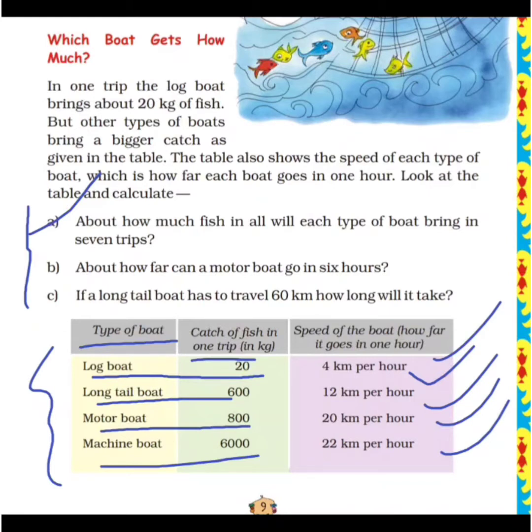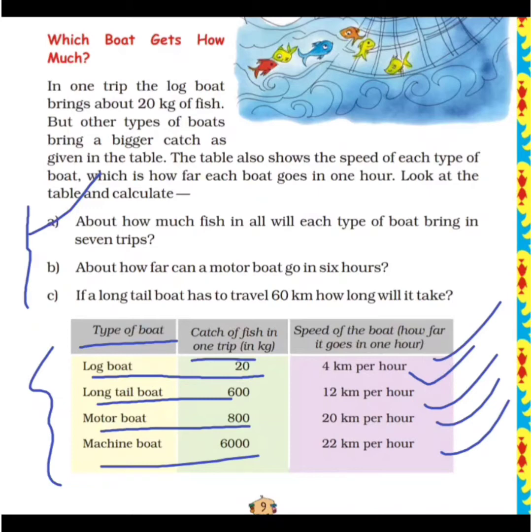So in 7 trips, 600 into 7. Next, motor boat 800 kg, 800 multiplied by 7. Then machine boat 6000 kg, 6000 multiplied by 7. Okay children, I think all of you are clear about this.